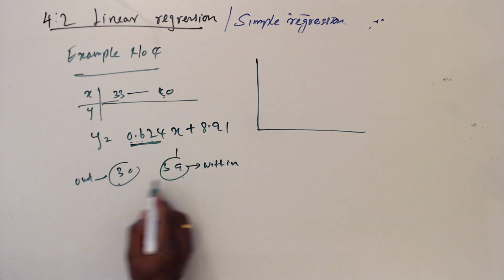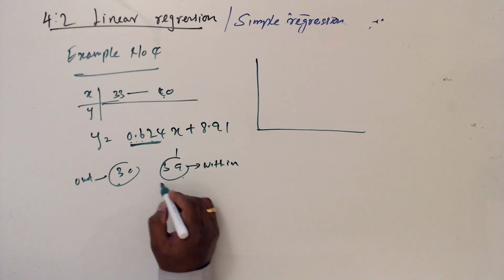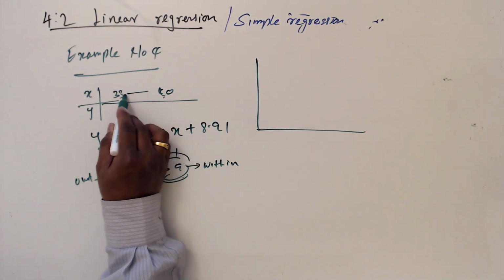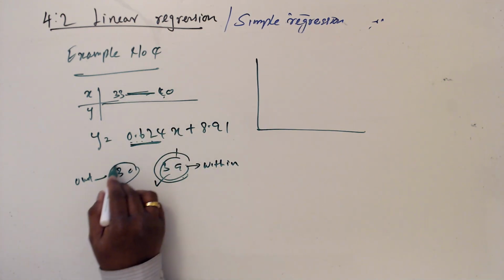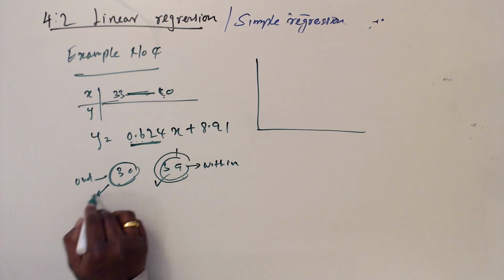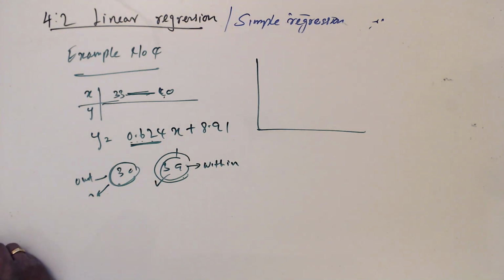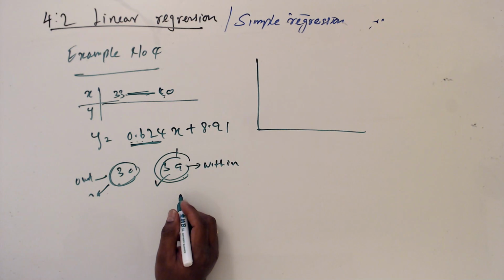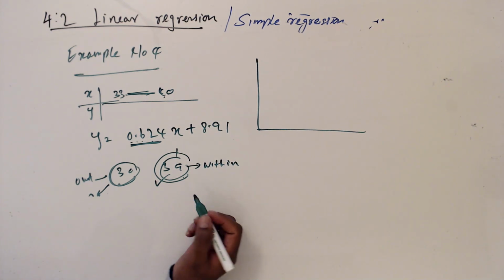So this prediction is more reliable because 39 is within the range, but 30 is out of the range. That prediction is not reliable. Also we can talk about the reliability, the sample size, and the randomness of the sample. Those are two other things we can discuss regarding reliability.